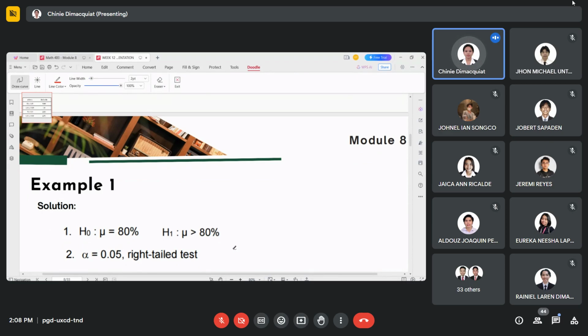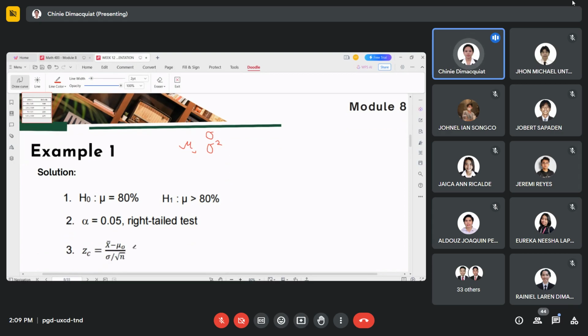Then yung ating third step ay statistical test. Since test on the mean ito and known yung ating variance, dahil known yung ating population standard deviation, alam na rin natin yung ating population variance. Therefore, ang gagawin nating formula ay z-test.